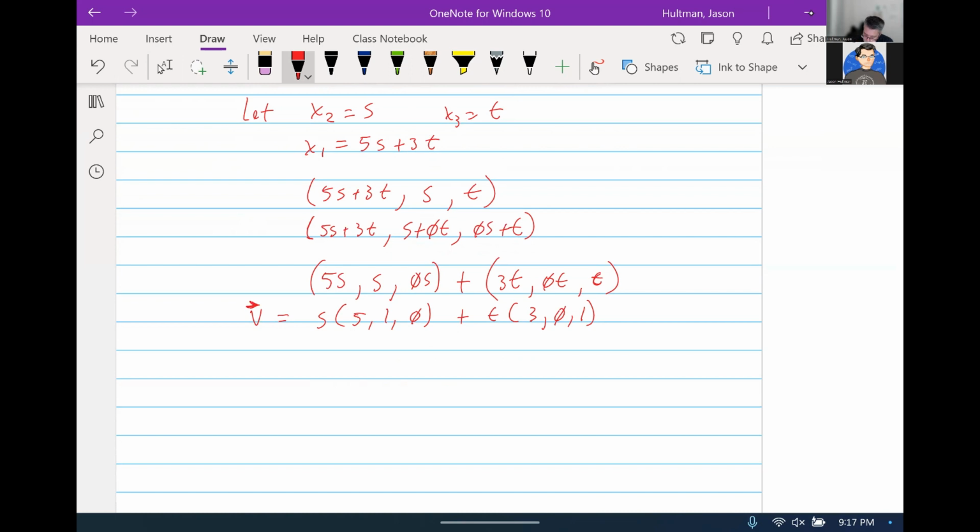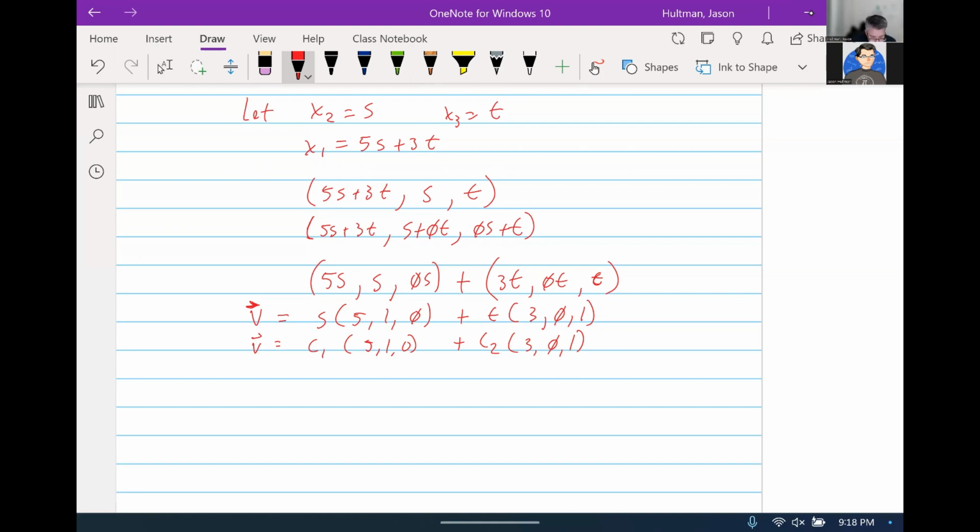And so we could, at this stage, let S be equal to C1 times 5, 1, 0, and T be equal to C2 times 3, 0, 1, because S and T are just dummy variables anyway. You can choose whichever variable you want. But notice what that does. That lines up more to our definition of what a spanning set is.